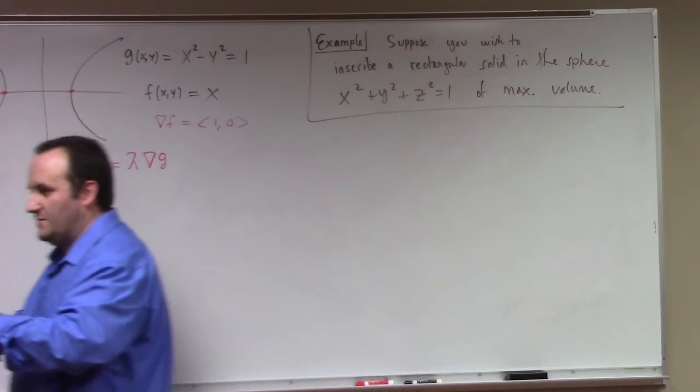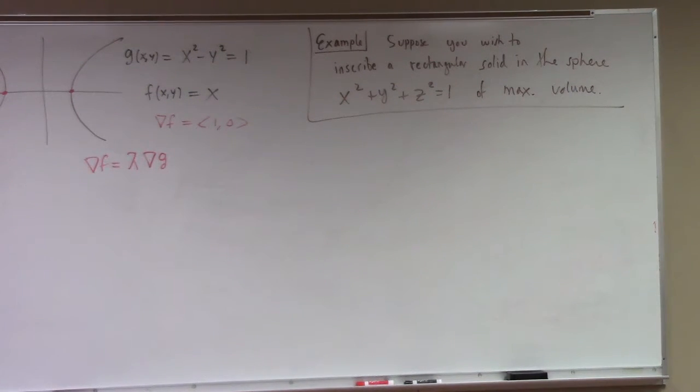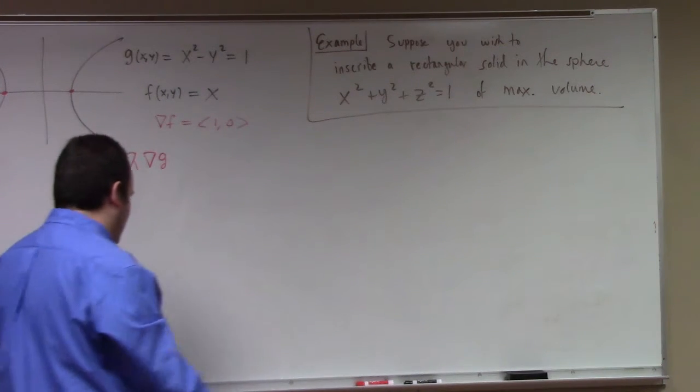So what's the maximum volume rectangular solid you can inscribe in the sphere? A cube. Yeah, you guys already know the answer. Dang it. But if I spoil it, it's going to make the math much harder. So just bear with me here.